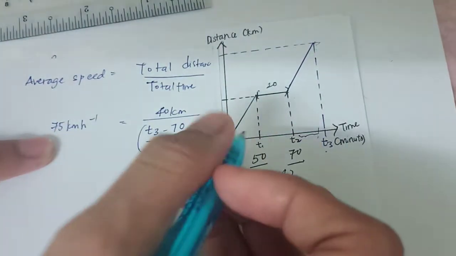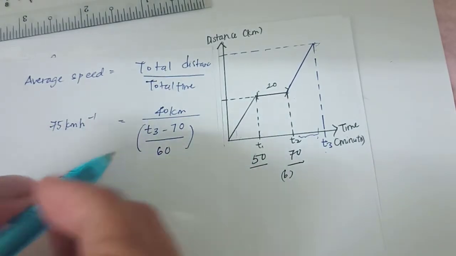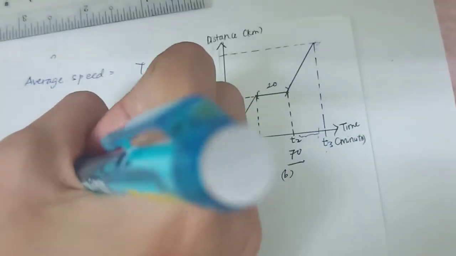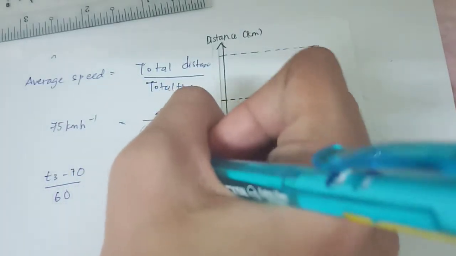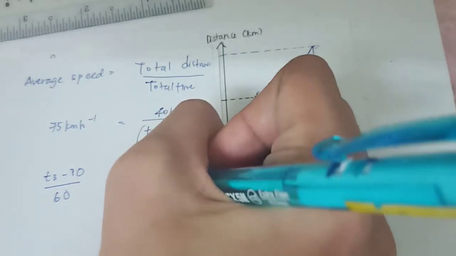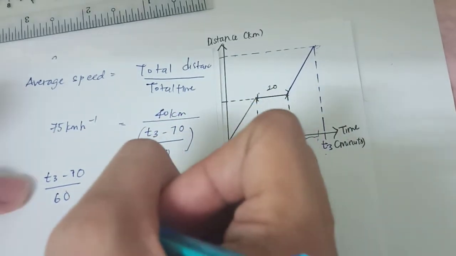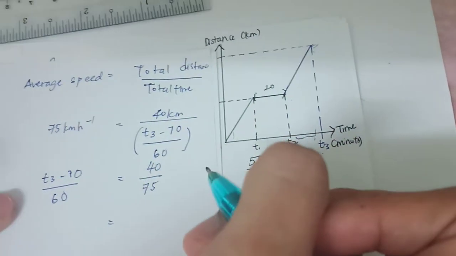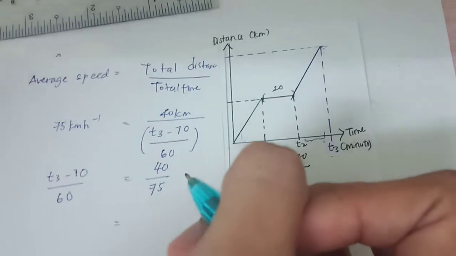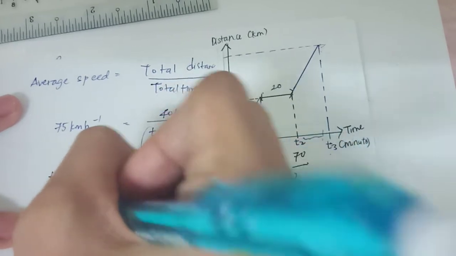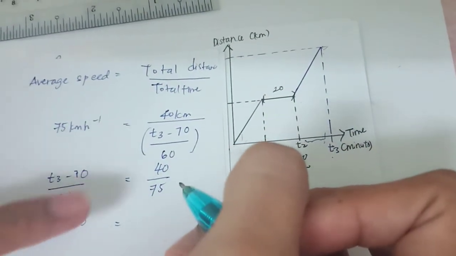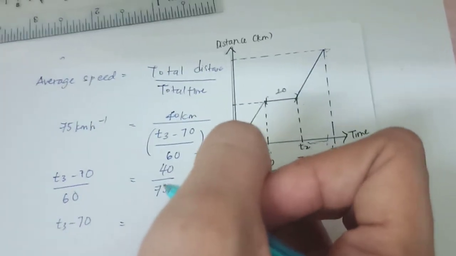Right, so for this one, we just swap places. So T3 minus 70 divide by 60, move here. And then 75, move down here. So it becomes 40 over 75. And then remove one by one until we are only left with T3. So T3 minus 70 divide by 60, move here becomes multiply by 60.